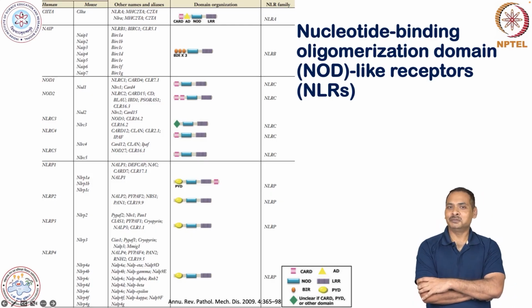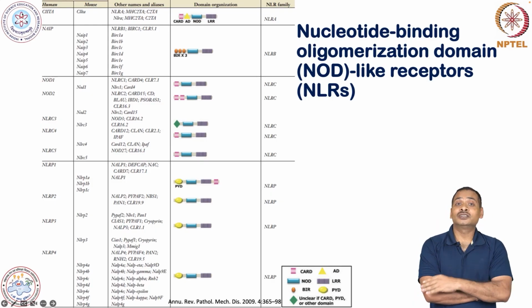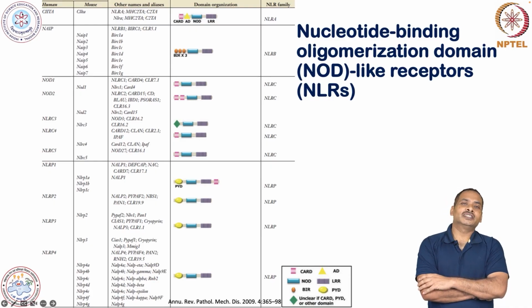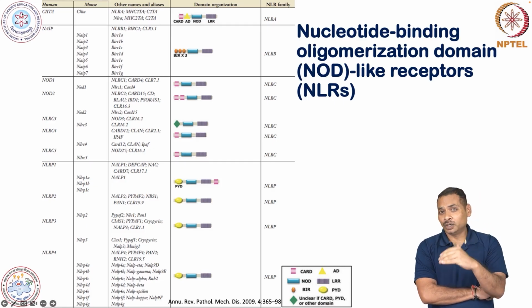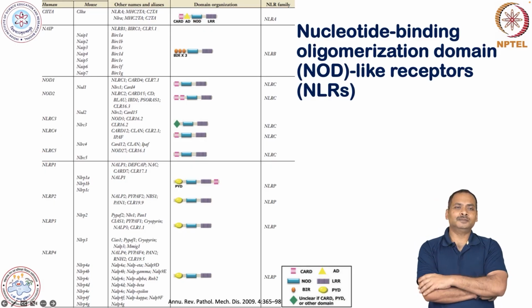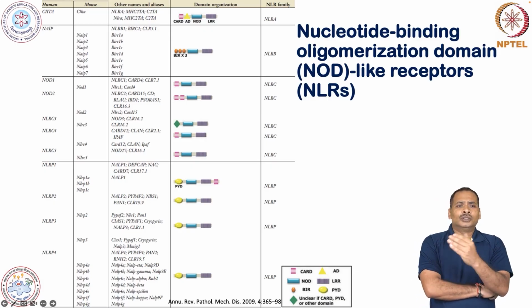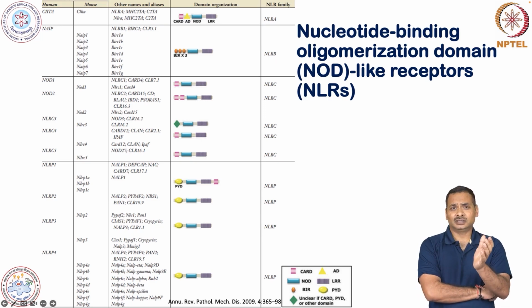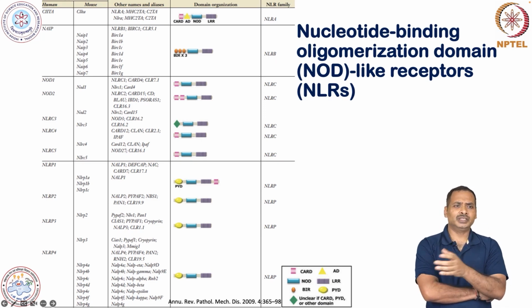You probably remember leucine rich repeat is also present in toll-like receptors, where it is present in the ectodomain and plays an important role in sensing various PAMPs. So this is the class 2 transactivation protein.